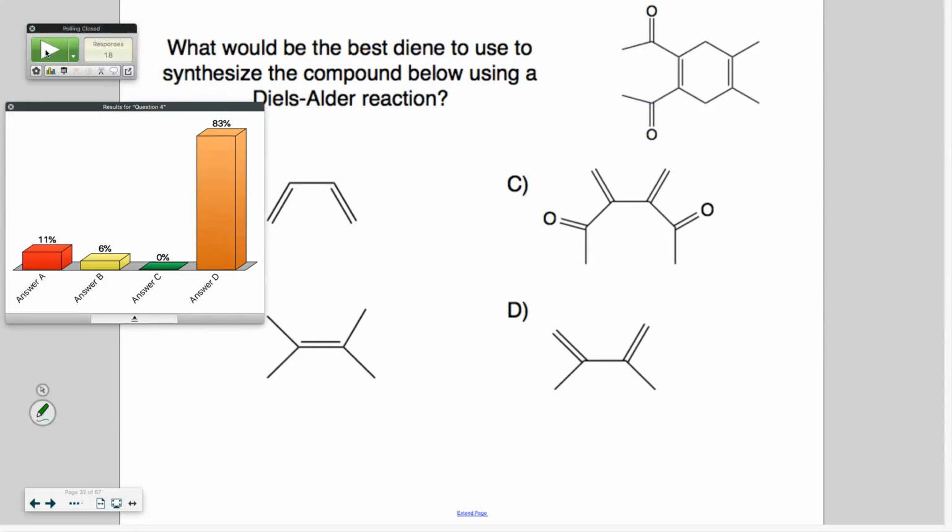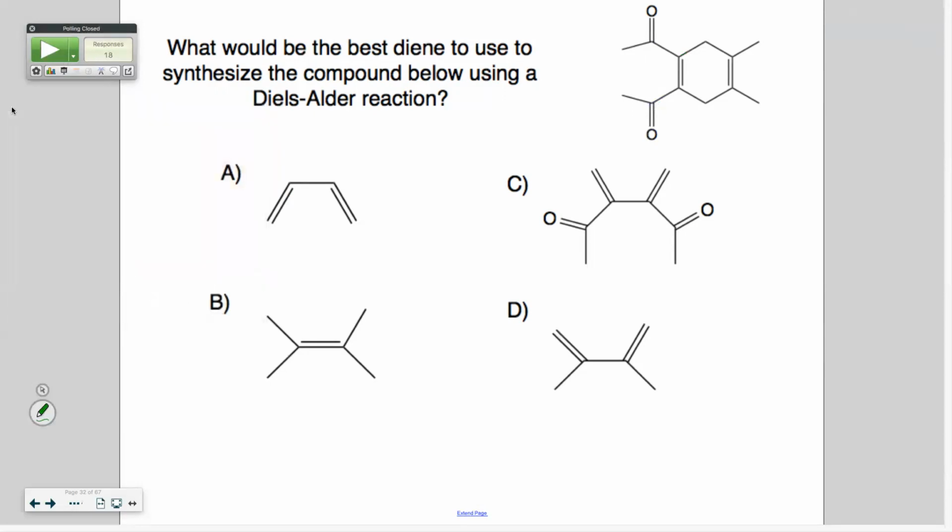I am going to cry. We're breaking it here and here. So this side becomes the diene side, and this side becomes the dienophile side. We did the dienophile in the last slide, right?